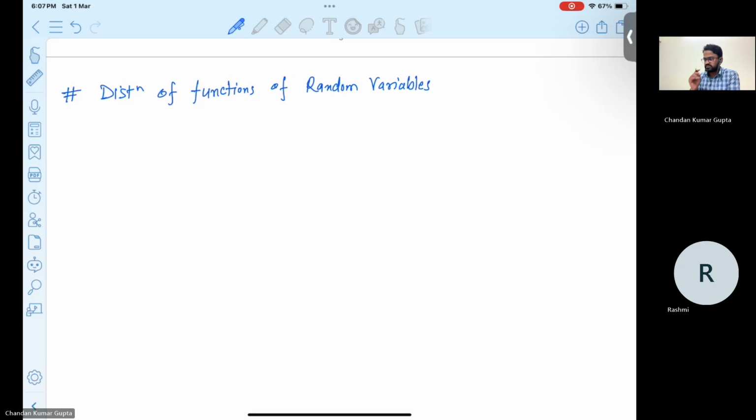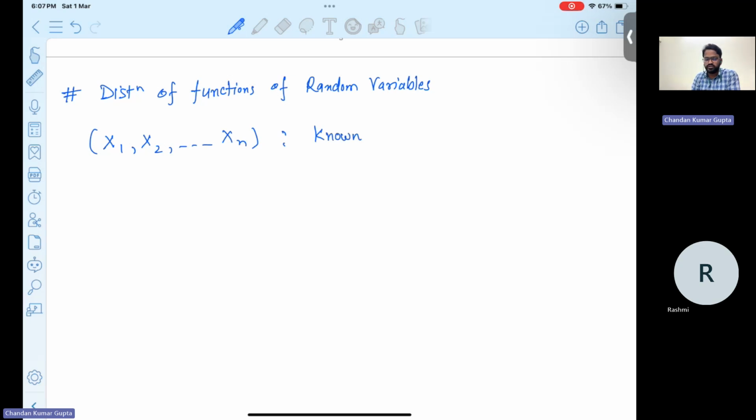Suppose we have different random variables, x1, x2 up to xn. Suppose we have a sequence of random variables x1, x2 up to xn, and we have some known information regarding these random variables.